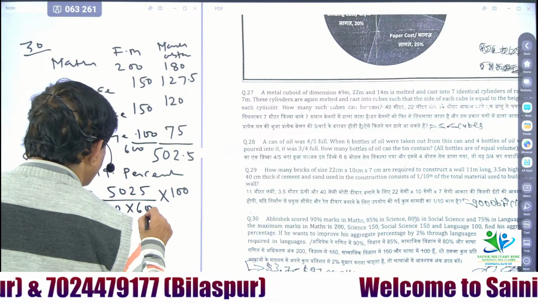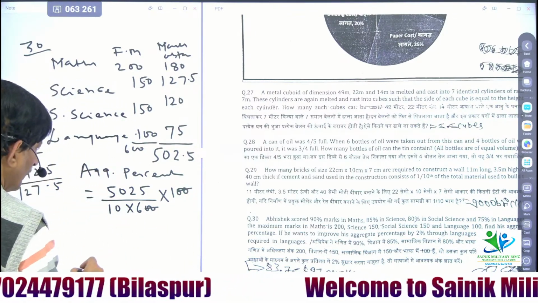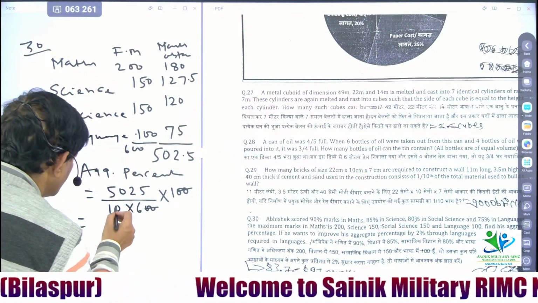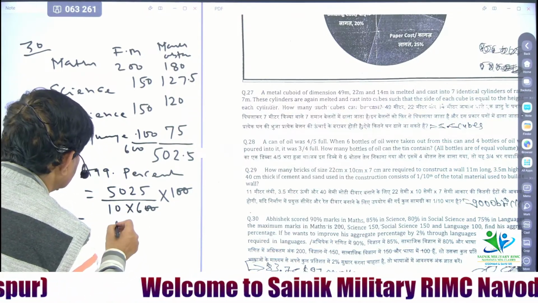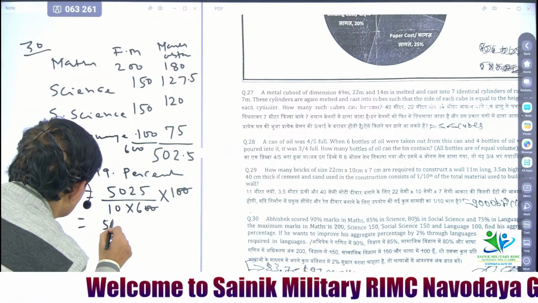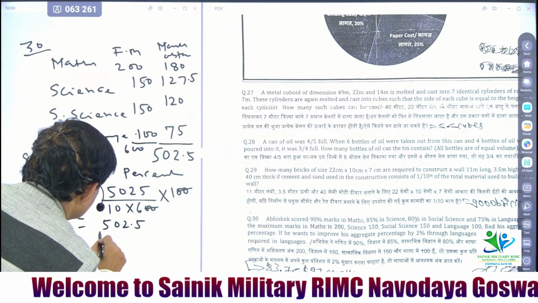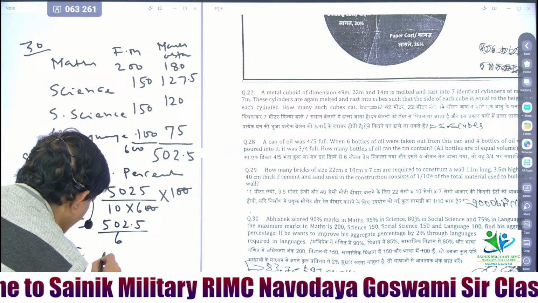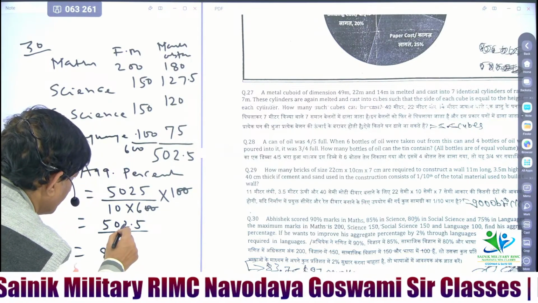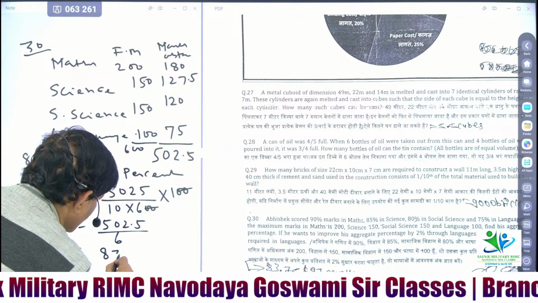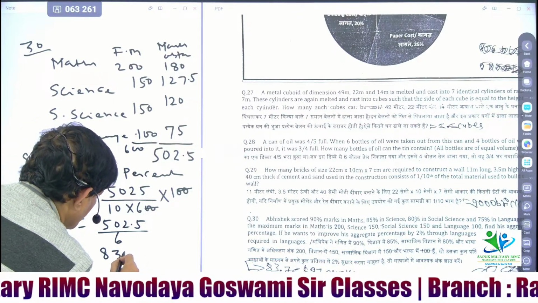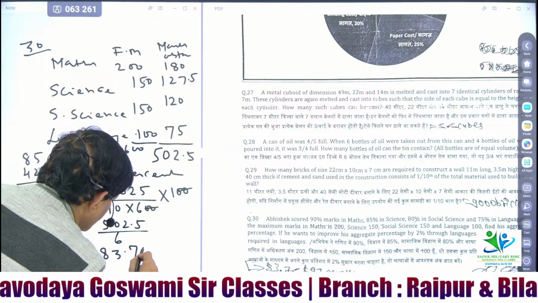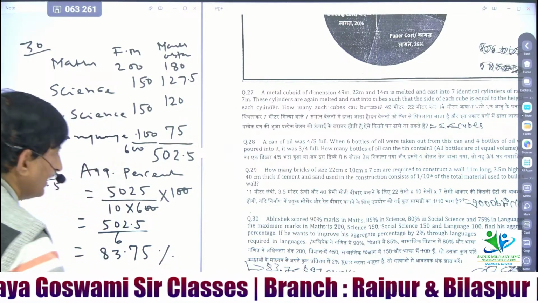Now cancel here and divide. It is better to cancel all, divide here. 502.5 divided by 6, and that is 6 8 ja 48, 22, 6 3 ja 18, 4 45, 6 7 ja 43 and 5. That is the aggregate percent.